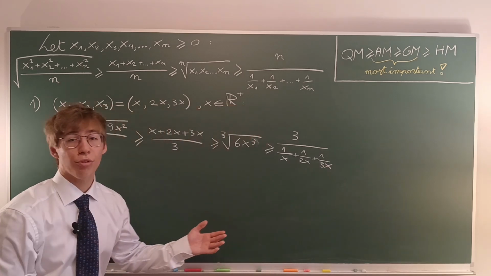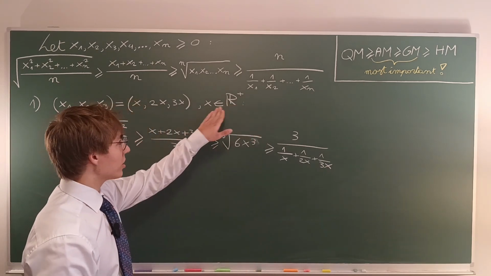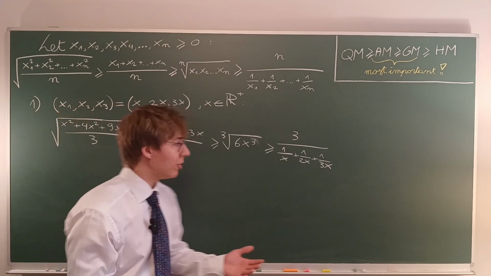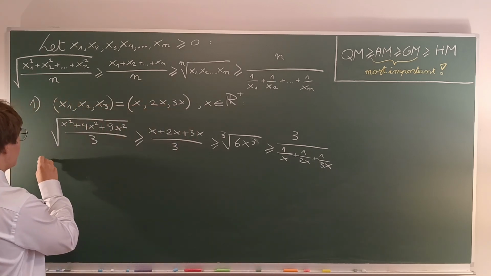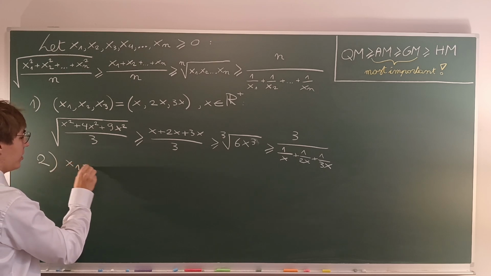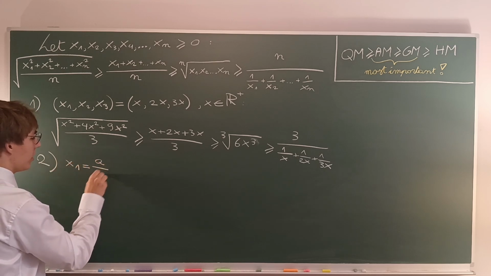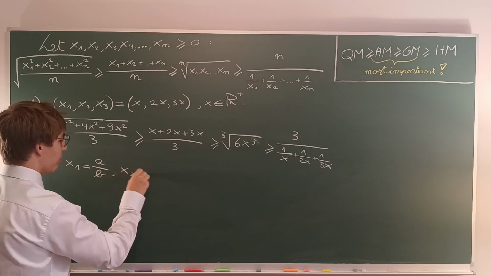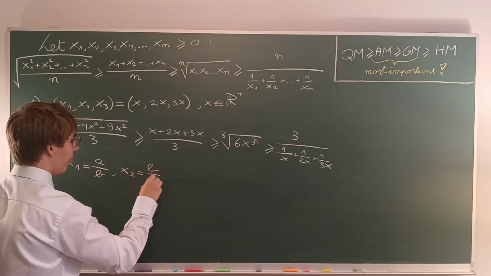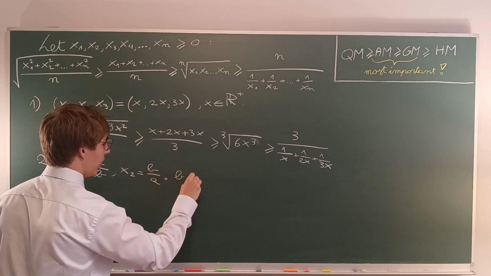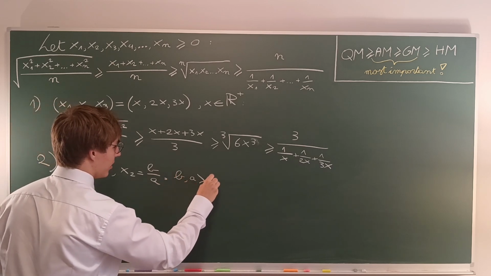And this is true for all x positive numbers. Now let's plug in maybe two variables. Let's say that x1 is equal to a over b and x2 is equal to b over a, with a, b greater than 0.